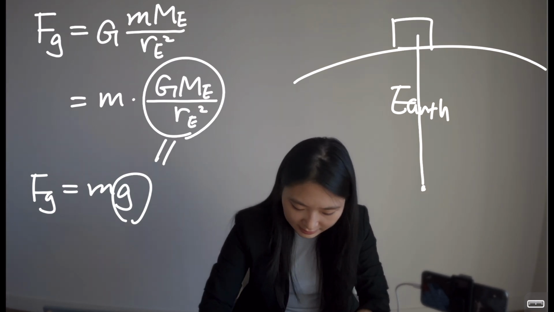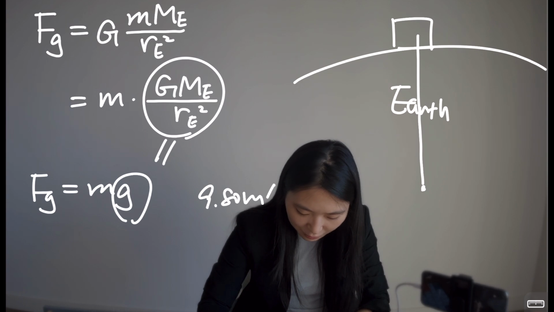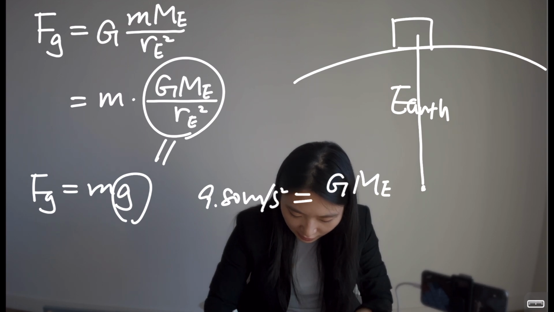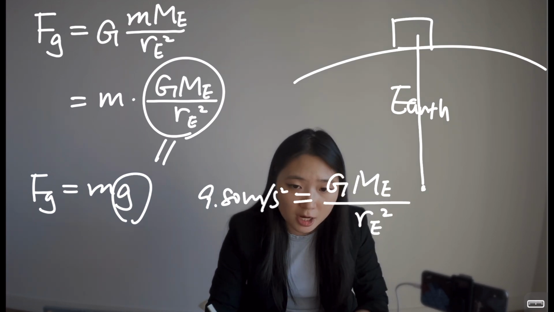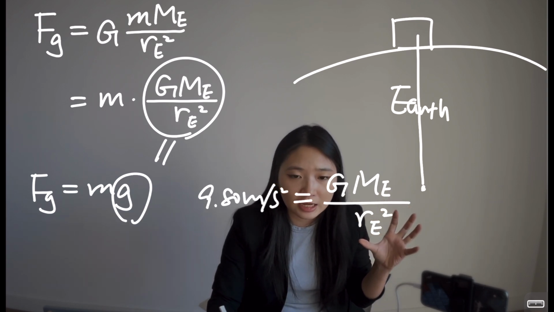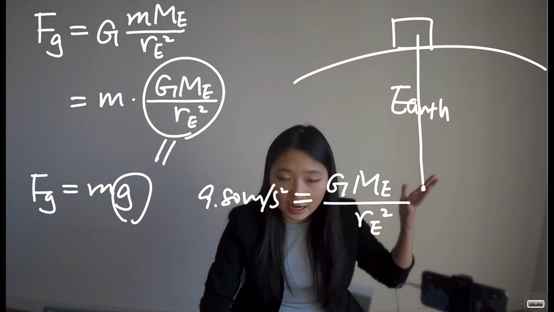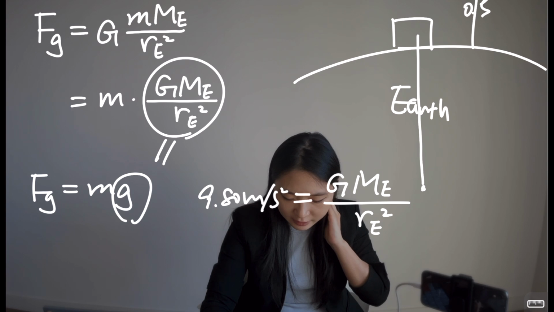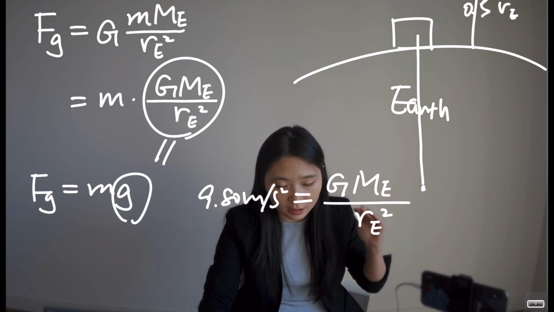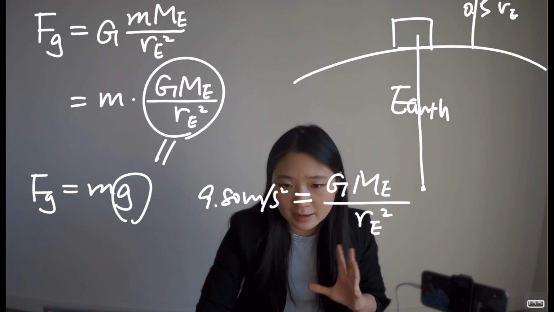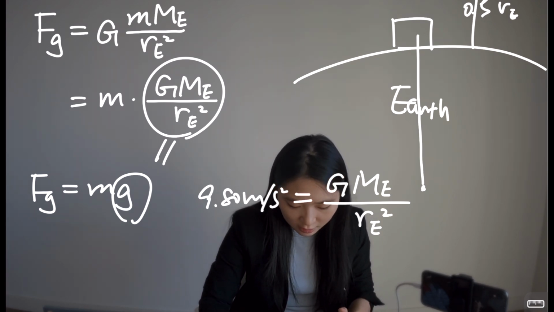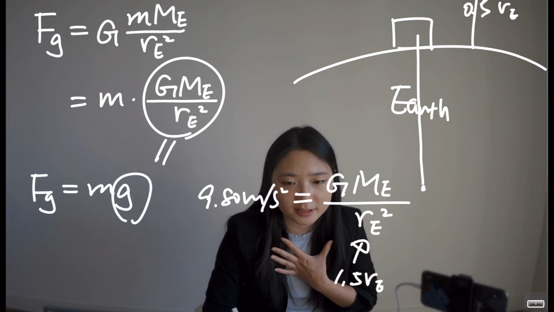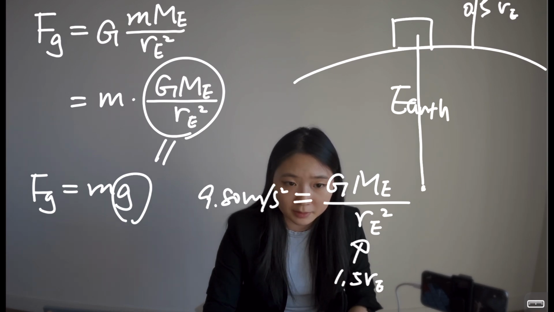So what does that mean? It means the value of 9.8 that we got on Earth is actually calculated by G multiplied by the mass of the Earth divided by the radius of the Earth squared. Which means if I ever change to another height, let's say I am right now 0.5 times the Earth's radius above the surface, then I will have to change r to 1.5 R. Then the gravitational field I experience would be less than 9.8 meters per second squared.